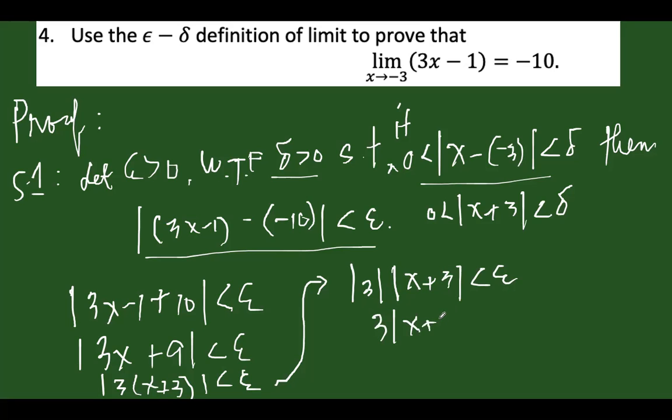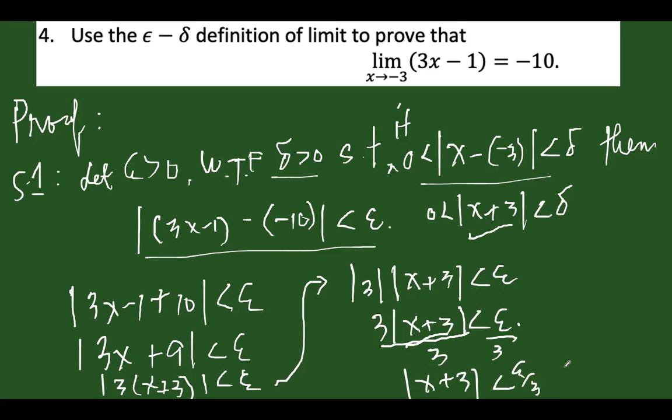So we have 3 times x plus 3 less than epsilon. We don't need the 3 here, so we divide both sides by 3. So we have the absolute value of x plus 3 is less than epsilon over 3. Therefore, we could say that delta is equal to epsilon over 3.